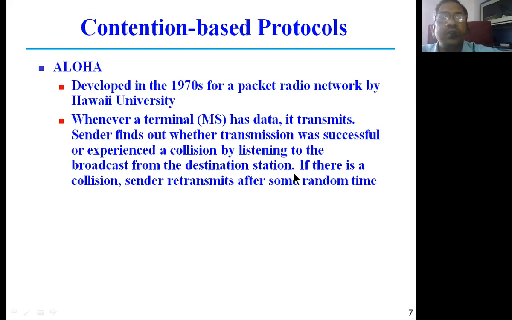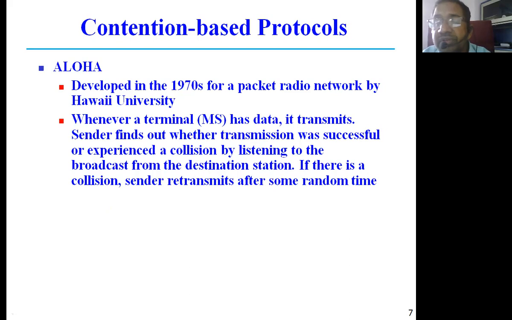Once the receiver receives the transmitted signal, it sends a broadcast signal as an acknowledgement to the sender. Once the sender listens to that broadcast signal, the sender understands that the data he transmitted has reached the destination successfully.